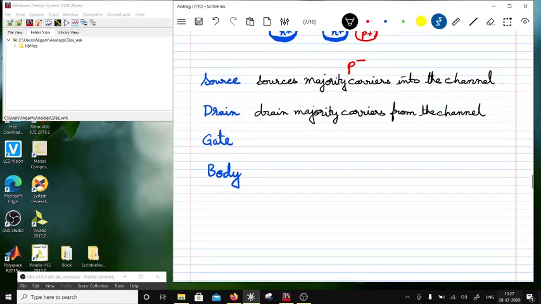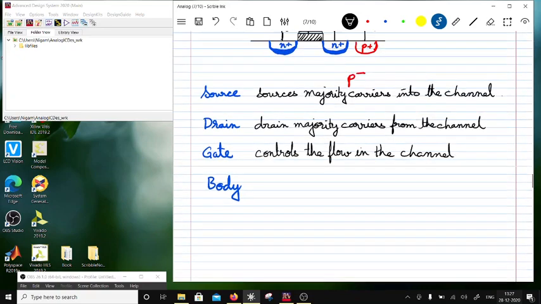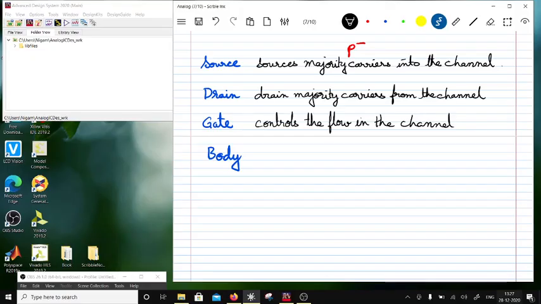That's why they are called source and drain. And gate basically gates, or rather controls, the flow in the channel. Gate controls the flow of carriers in the channel, and body is for isolating the devices from the substrate.